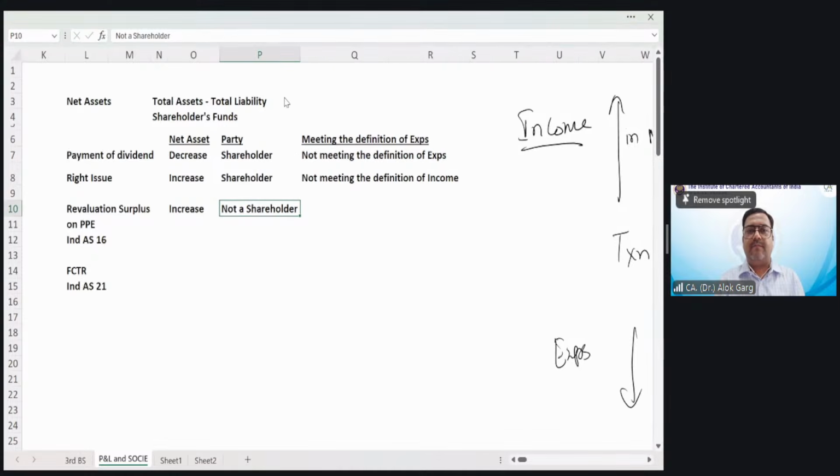Okay, so friends, is it meeting the definition of income? The definition of income that I told you, does it meet or not? Yes, meeting the definition of income. Increase in net asset is there, not with the shareholder. It is meeting the definition of income.